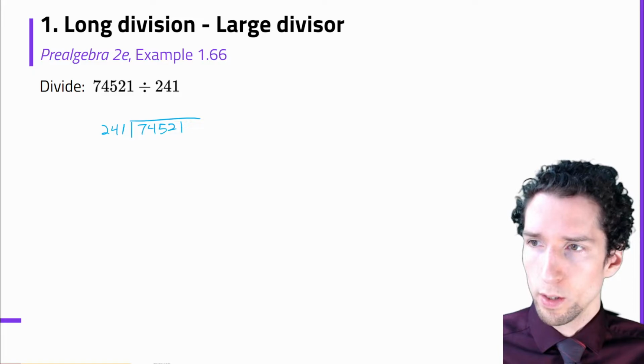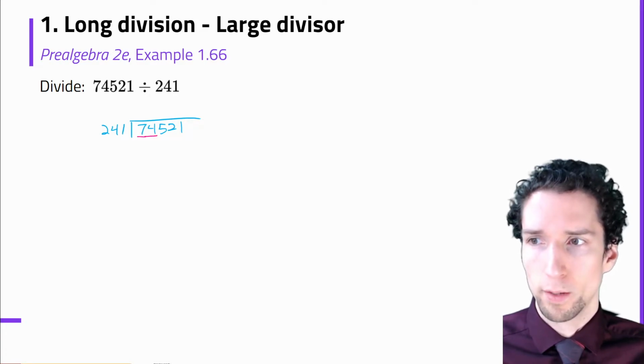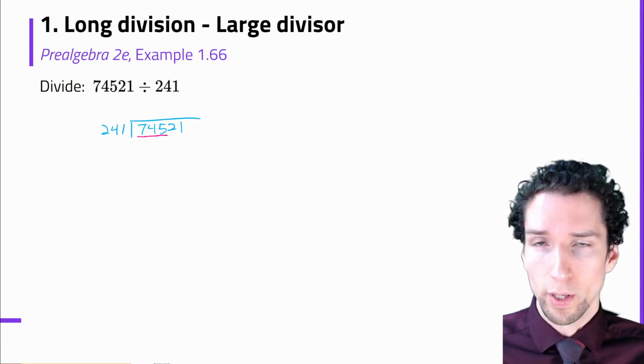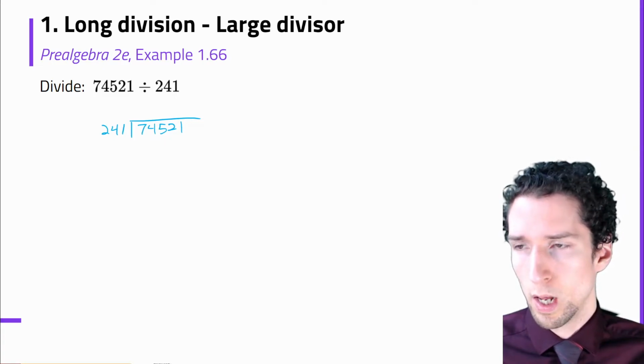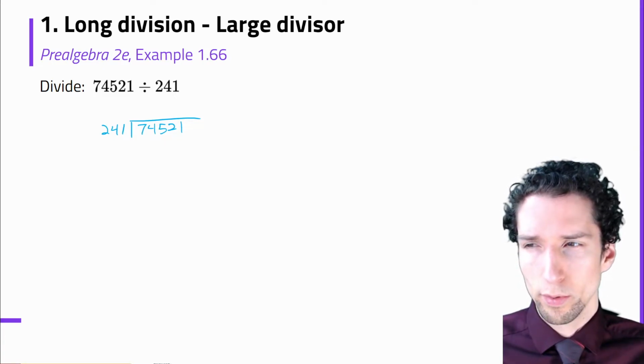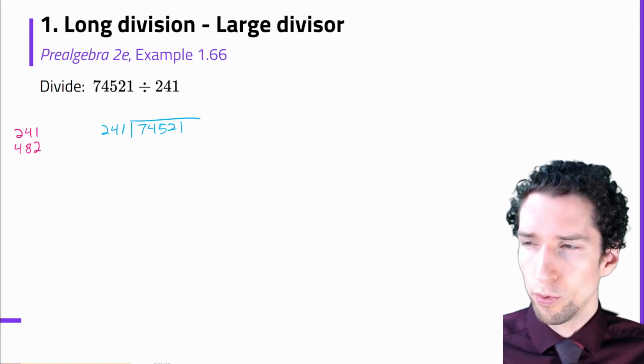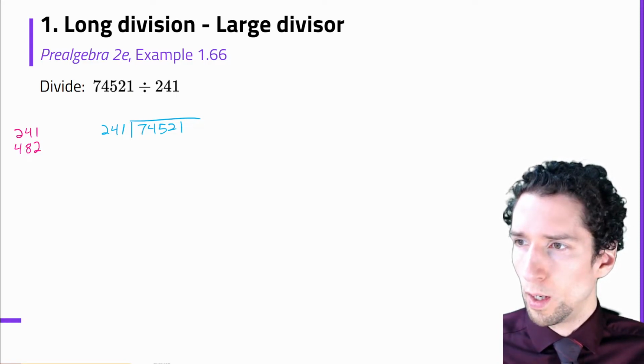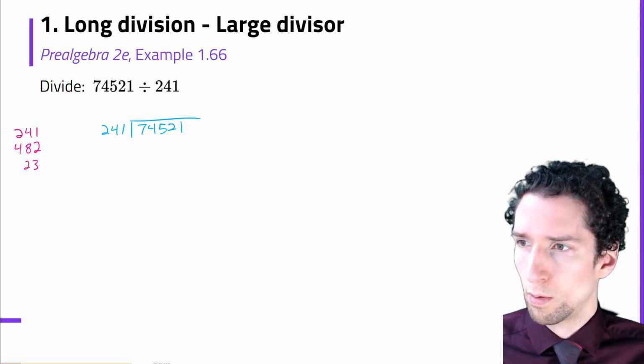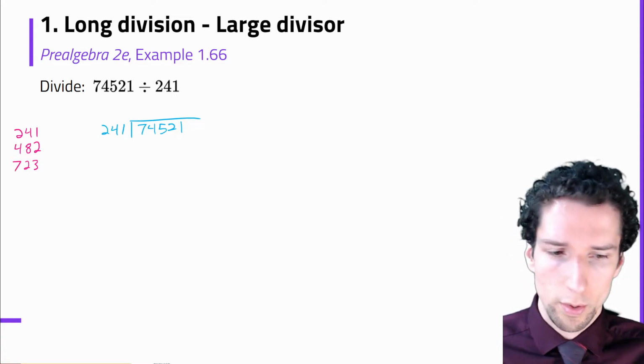So 241 into 7, no, doesn't go. Into 74, also no, but 745, yes, that works. So how many times? Is it 2 or is it 3? We can just write out some multiples here. 241, next would be 482, and then if we multiplied by 3, we would get here 723.